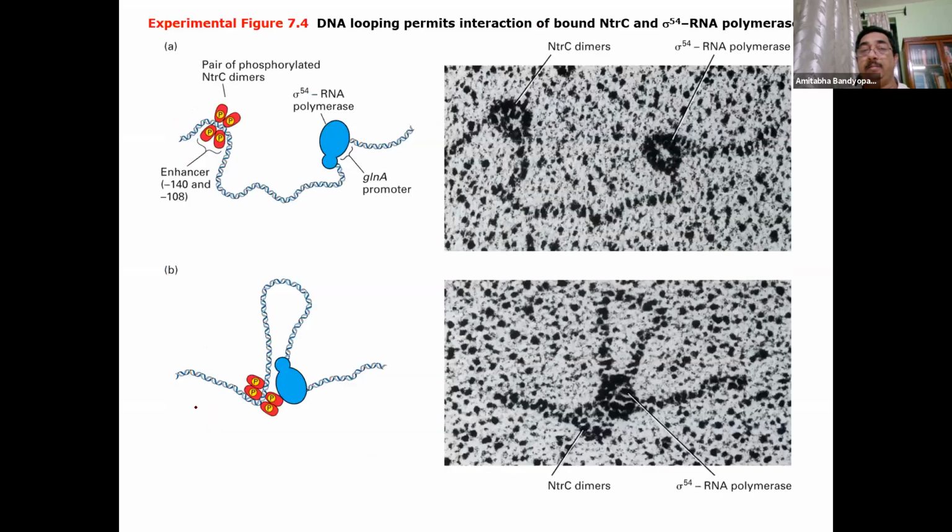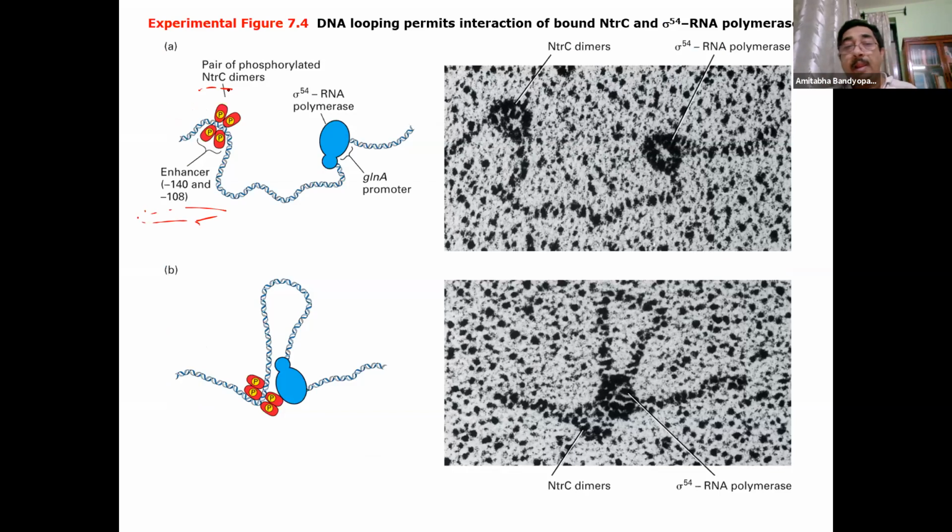And there is another sequence which is called the enhancer. We will talk a whole lot more about it when we are talking about promoters. But the enhancer is a feature that is there in some bacterial genes, but is there for almost every eukaryotic gene that I know of. There is another protein called NTRC. NTRC can bind to the DNA only when it is phosphorylated.